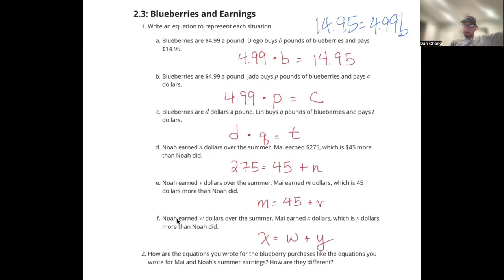D times Q equals T. You could have written this as T equals Q times D, right? You could have written this, if you really wanted to be fancy, as total cost divided by the dollars per pound equals the number of pounds that Lynn bought, right? And so on. So each of these equations could have been written 2 or 3 different ways.